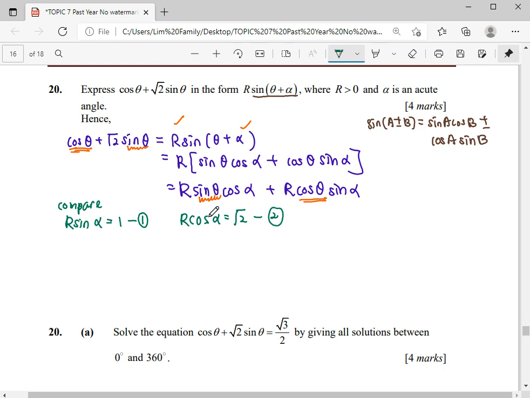By using these two equations, how do we get r and alpha? We can get alpha very simply by division. We use 1 divided by 2, meaning equation 1 divided by equation 2. I want to cancel the r by using tangent. So you will get r sine alpha divided by r cos alpha, equals 1 over square root 2.